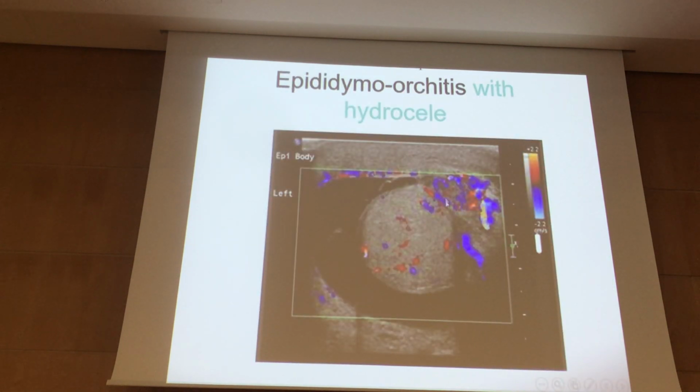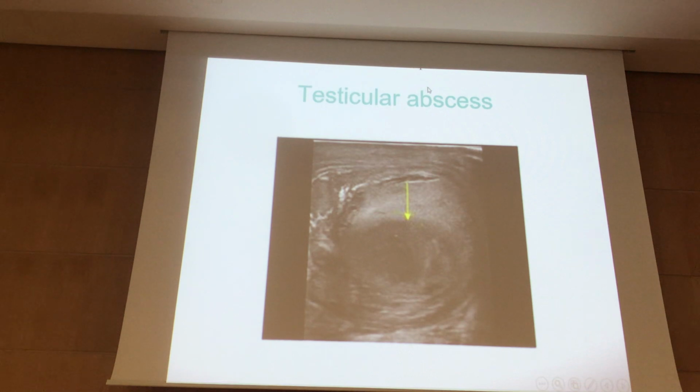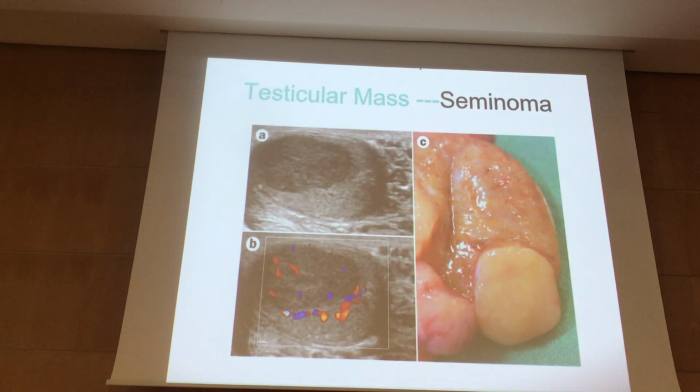So this is another example of increased vascularity in the epididymis, and there is a hydrocele associated with this epididymo-orchitis. Epididymo means epididymal inflammation, orchitis means testicular inflammation. If you don't treat them, the patient would come back with an abscess developing inside the testes. How would you know this is a testicular abscess, not a tumor? By again using a colored Doppler.